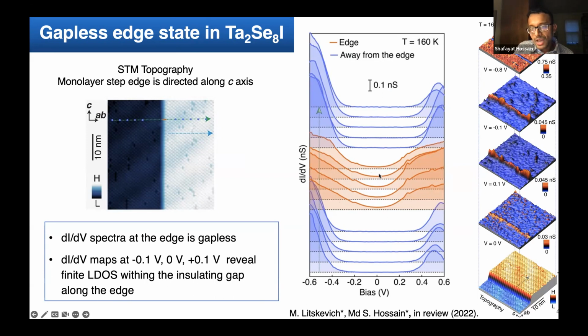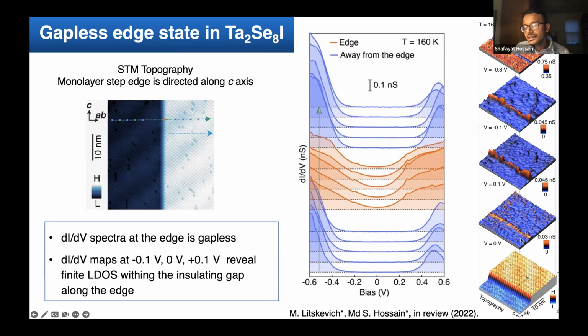I would like to point out that these measurements are done at 160 Kelvin. The reason is, since this is a very large gap system, at lower temperature it's rather difficult to get stable tunneling. So maybe that's why the edge spectra look a little bit broadened. All right, we can also do conductance map measurements here.